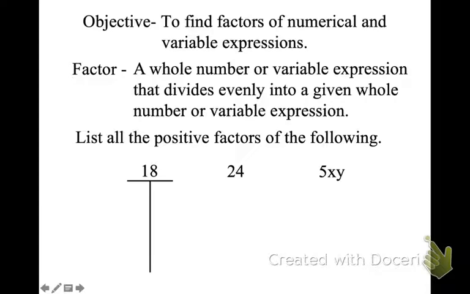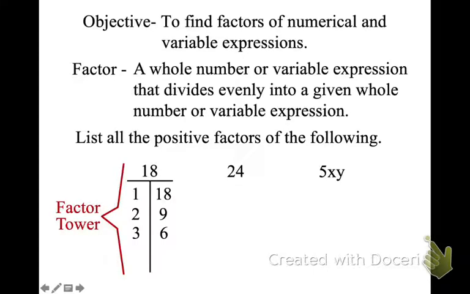Does 1 times what is 18? 1 and 18 divide evenly, so 1 and 18. 2 divides evenly, 2 and 9. I keep it in order. 3 goes in, 3 and 6. Let's see, 4 doesn't go, 5 doesn't go, and 6 is already up there, so I can stop. Okay, those are the factors. I don't need to do 9 and 2 because they're already up there.